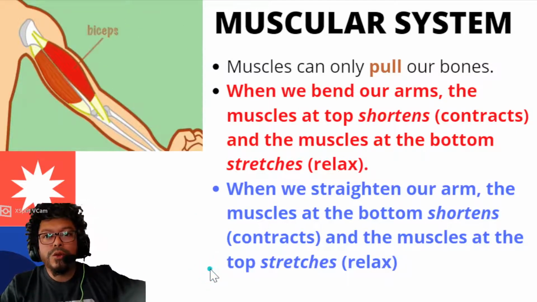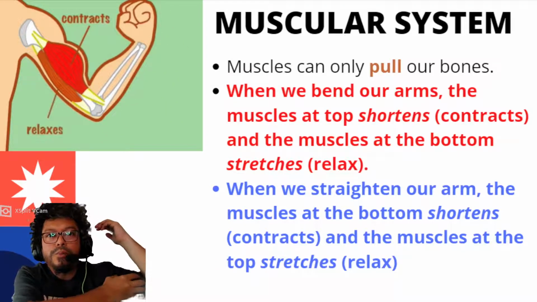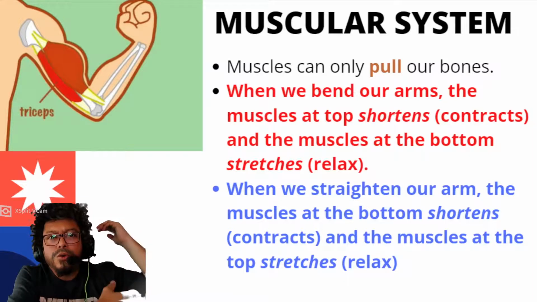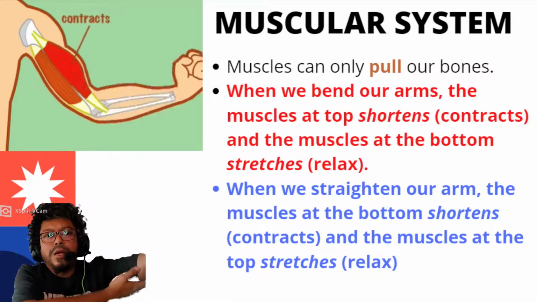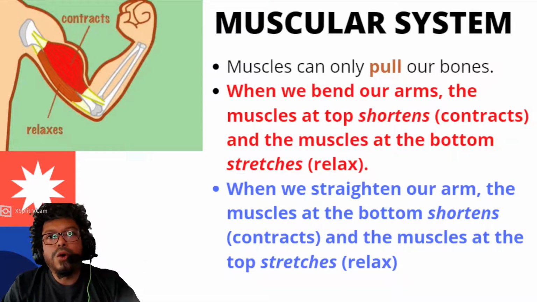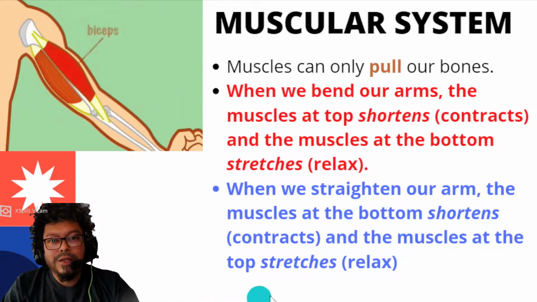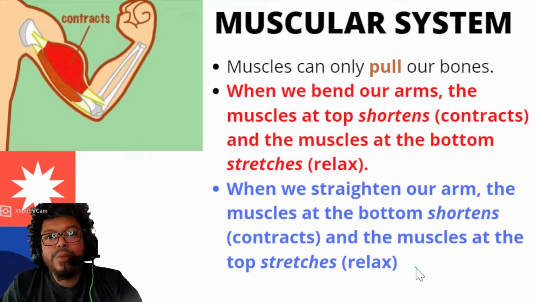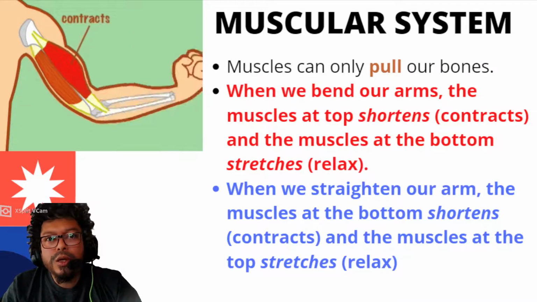If you want to pull your hands up, the muscle on top will be working, or it pulls or shortens or contracts. If you want to lay your hands down, the muscle at the bottom will pull or contract or shorten, and the muscle at the top relaxes. It's more or less the same with most parts of your body. The working part will contract or shorten or become a little hard.